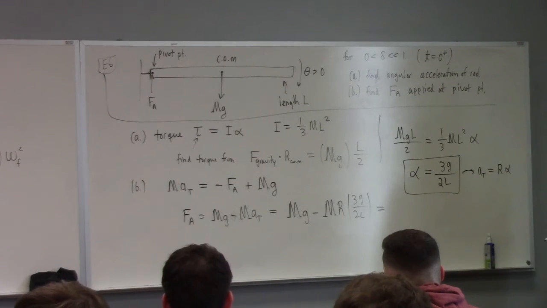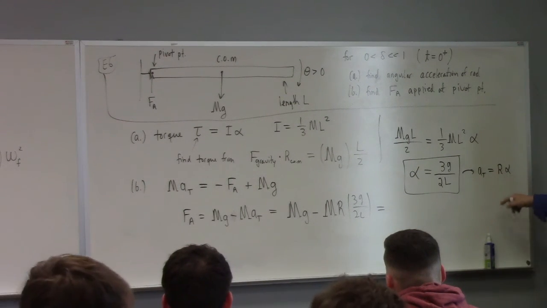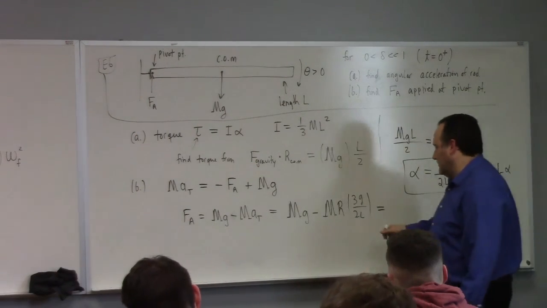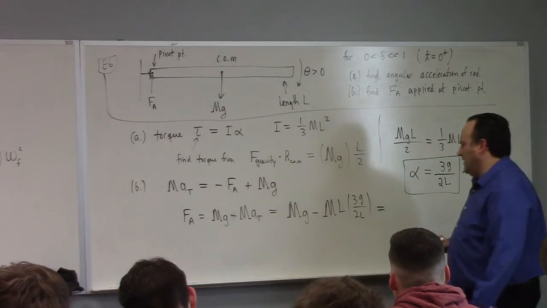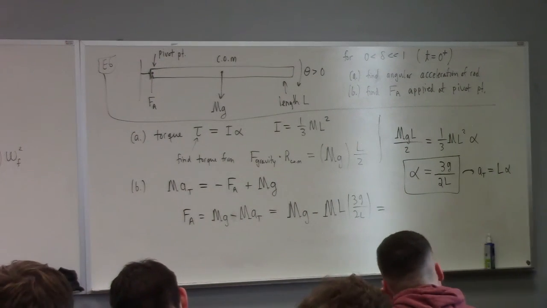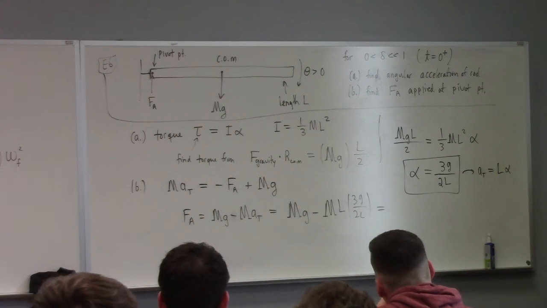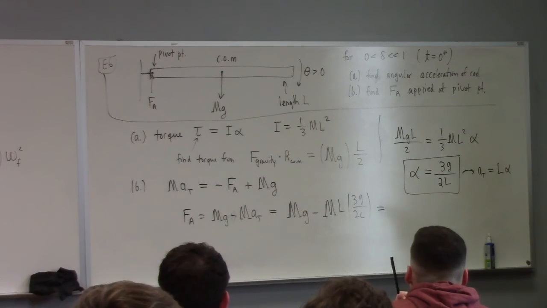Where did that r come from? I'm a dummy. What's r? R is L. Duh. There you go. And did I do anything else dumb? I don't know, because I don't think that's right, because wouldn't it just cancel to mg minus mg?